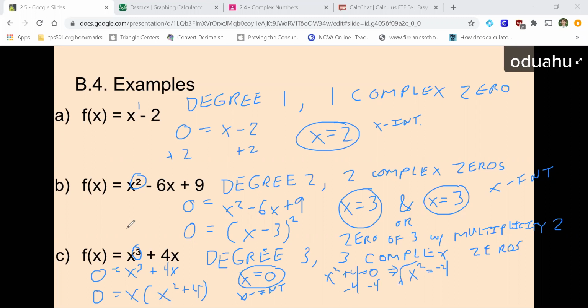And if I square root, then x is equal to 2i and negative 2i. So again, that gives me my 3 zeros. These zeros are not x-intercepts because they're not real numbers. So again, it does have 3 zeros. 2 of them are not real. 1 of them is real. The real one is your x-intercept.